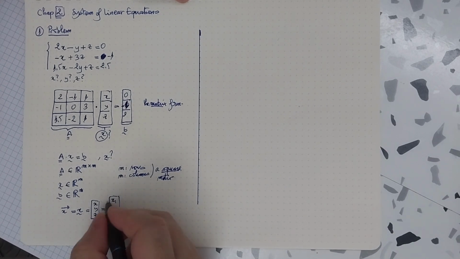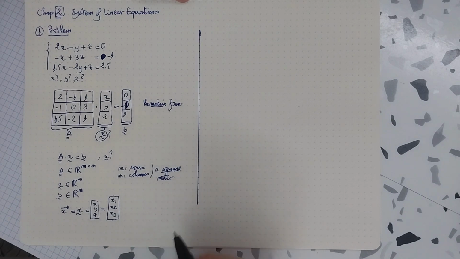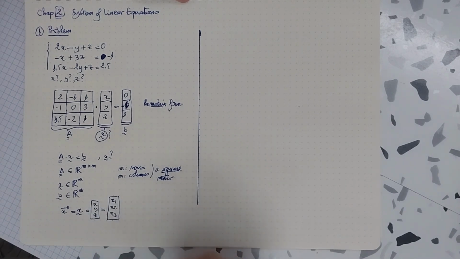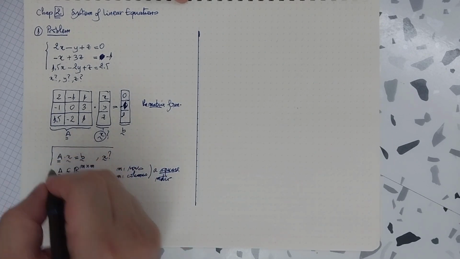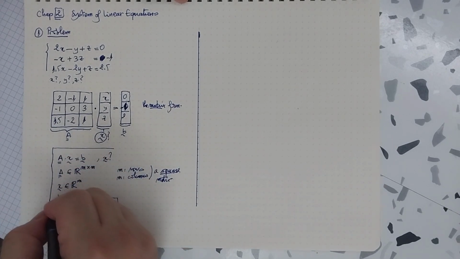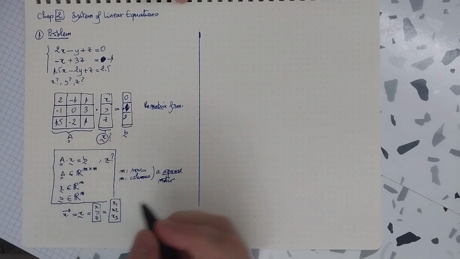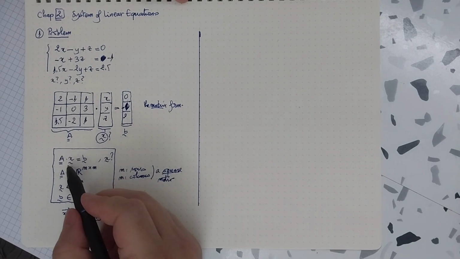This is a more general notation. The other is limited when x is small. But in the general case, you have m elements, x1, x2, x3, x4, etc. till xn. So this is our problem. We give you A and b, find the vector x.